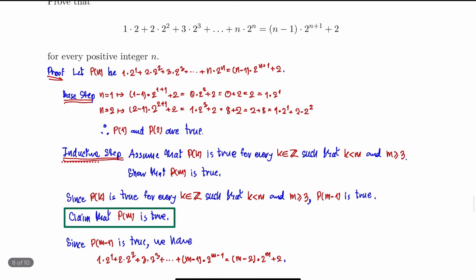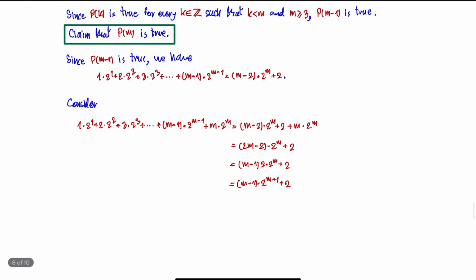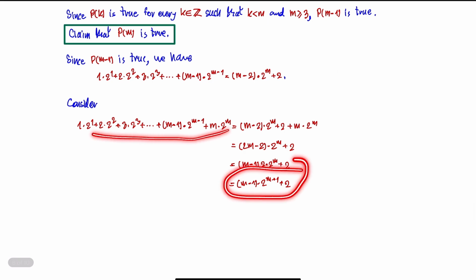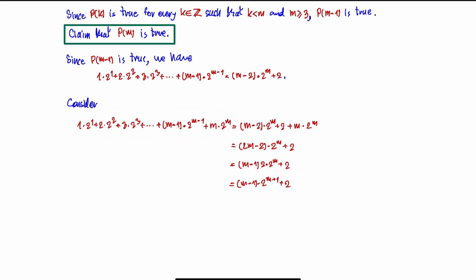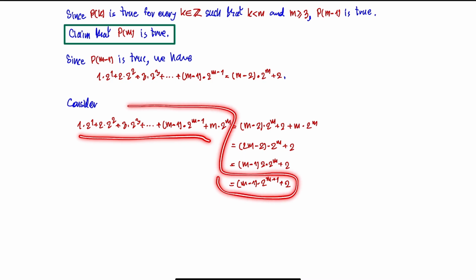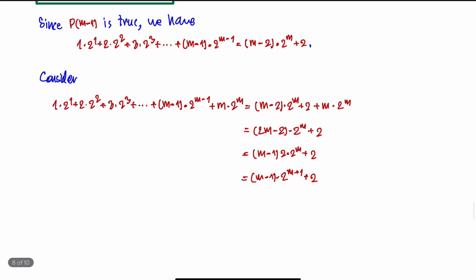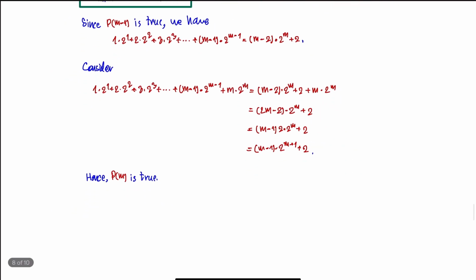Okay, it looks like we have P of m, right? So we have P of m already. We have proved that P of m is true.